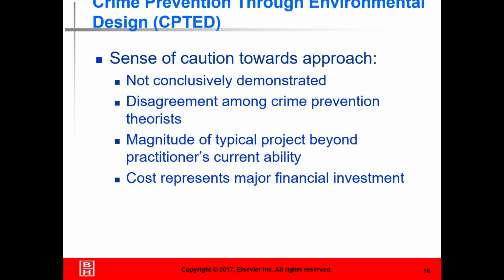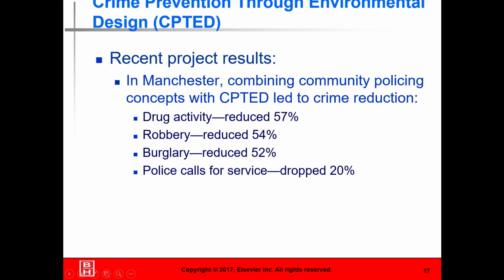What's the best way to fight crime in neighborhoods, in urban areas? Is it just more people out on the streets, more surveillance cameras? These are some of the different things. Some recent projects: Manchester combined community policing concepts with CPTED led to crime reduction, right?